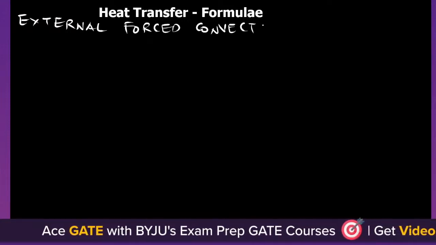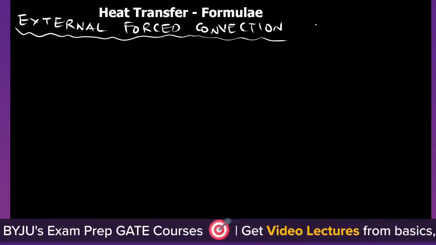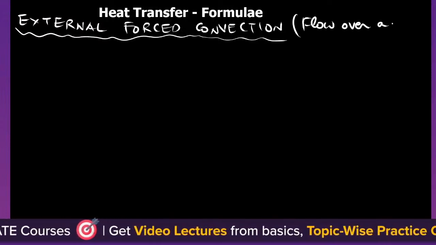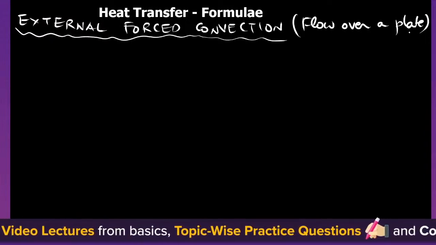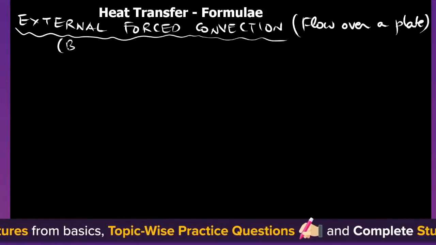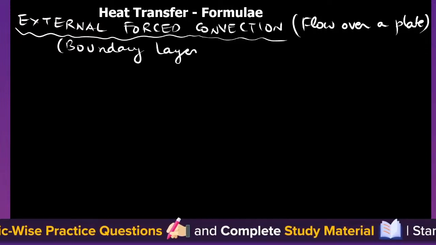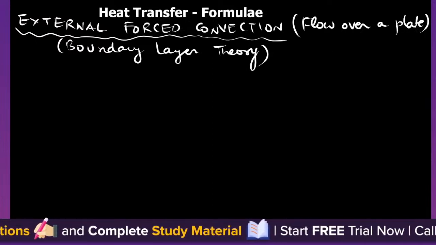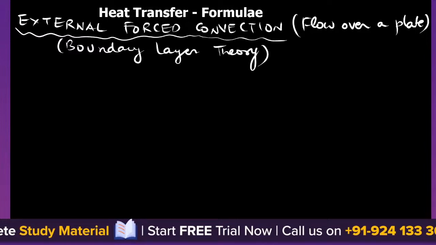What is the meaning of external forced convection? When the fluid is flowing over a plate, flow over a plate is an example of external forced convection. The analysis of external forced convection is done by boundary layer theory.